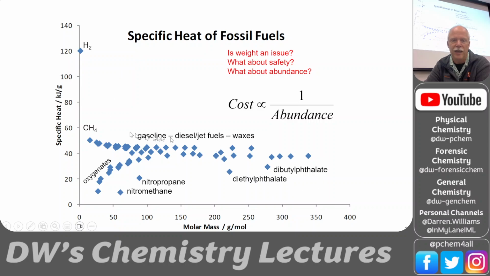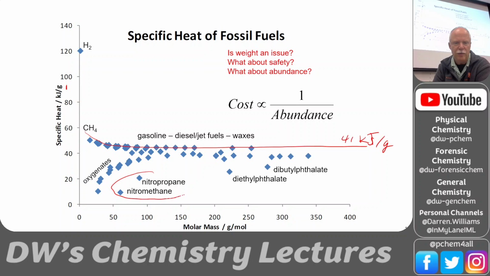These were the specific heats. This is the kilojoules per gram if we were buying this by mass. And you see it all kind of tapers off here to around 40 or 41 kilojoules per gram. These other ones down here, these oxygenates or maybe even nitros, you hear about people putting nitro in their automobiles.